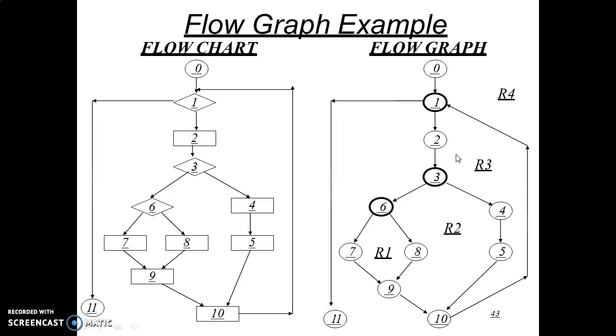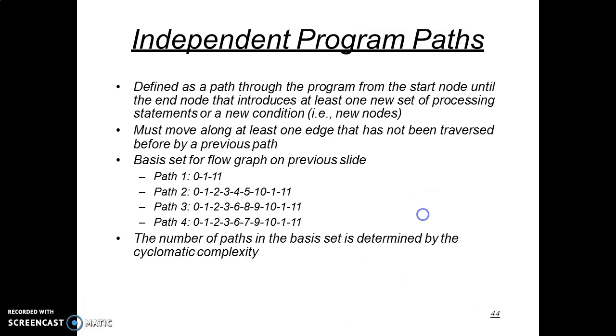Another way to find the cyclomatic complexity is the bolded circles, that is the predicate nodes or decision nodes. How many decision nodes are there? Bolded circles 1, 2 and 3, plus 1, so a total of 4. So the cyclomatic complexity for this flow graph is 4, and 4 independent paths must be there for this code.